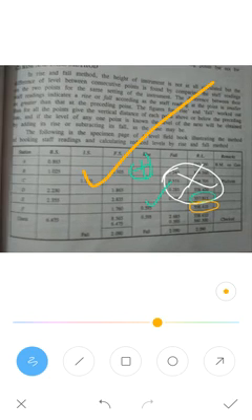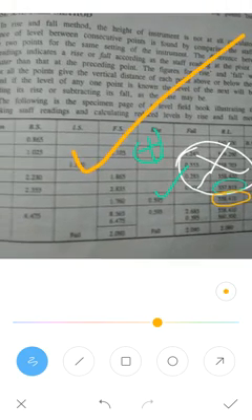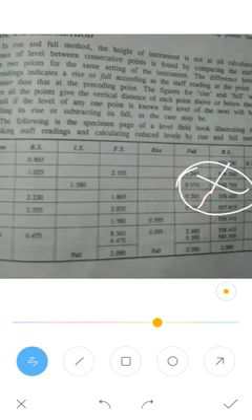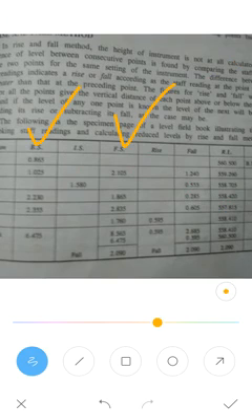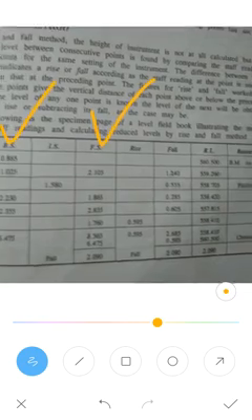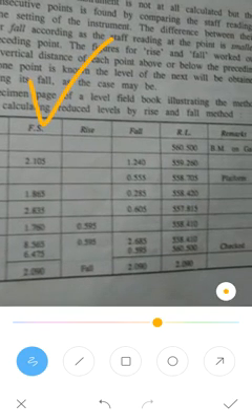Now there is the last job, the arithmetic check. To check whether your finding is correct or not, as I told in the previous HI method also, you have taken the summation of BS, the summation of FS, and then last RL minus first RL.